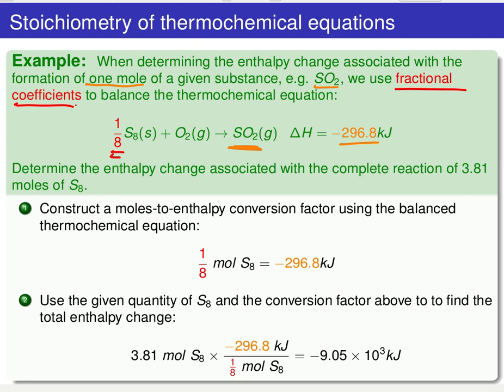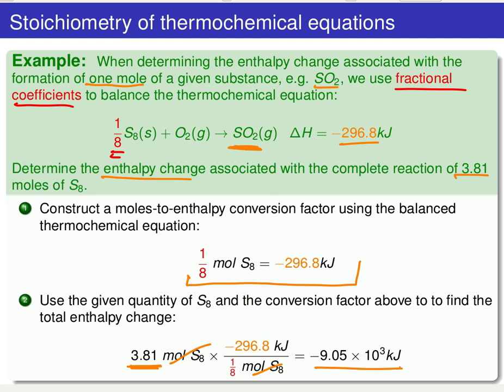So just as we did in the previous example, if we want to determine the enthalpy change associated with the complete reaction of 3.81 moles of S8, then the conversion factor is constructed just as before. And we are going to carry out the conversion by starting off with our given quantity of S8, set up our conversion factor so that moles of S8 cancel out, and then determine your final answer.